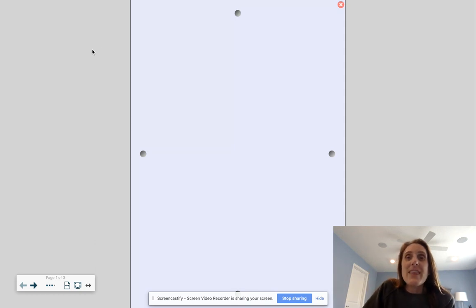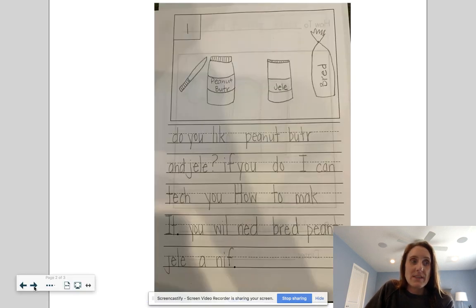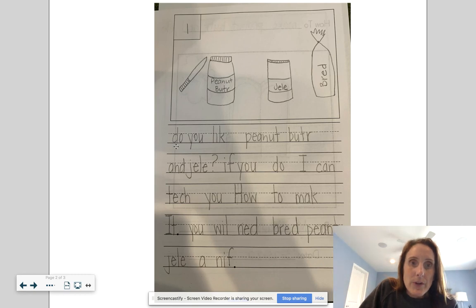So this is my piece called How to Make Peanut Butter and Jelly by Mrs. Kaplan. I am looking for just uppercase and lowercase right now. Oh, wait a second. That's the first letter in my sentence.